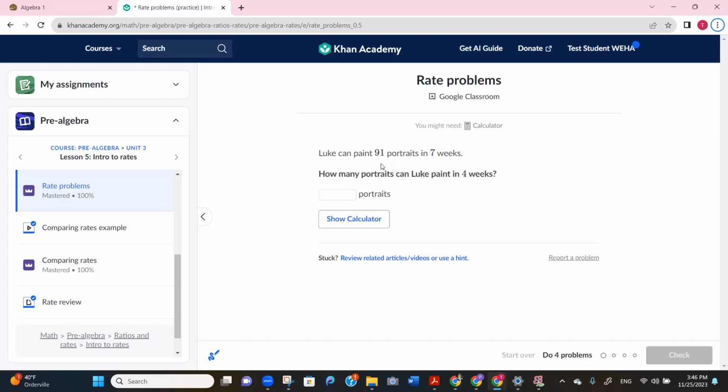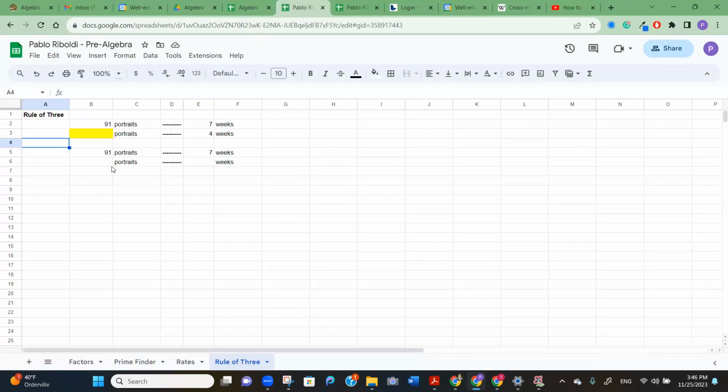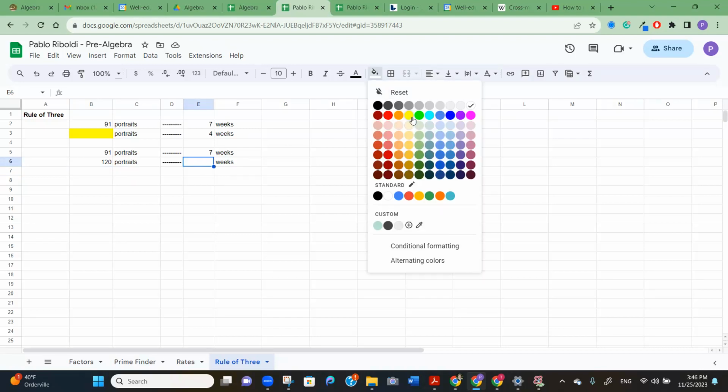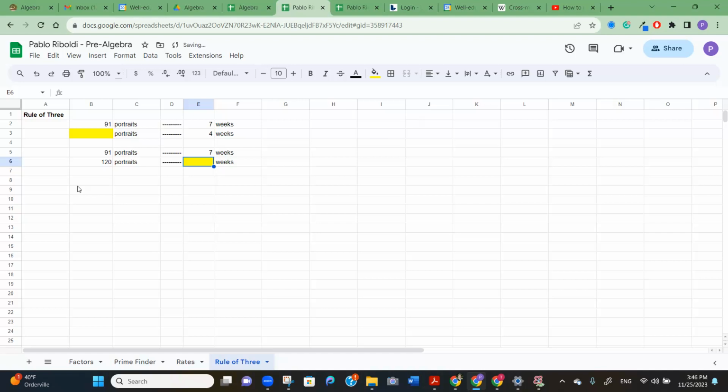Then we have that set up here, where we can say 120 portraits, and figure out the number of weeks. So put the formula here also to indicate the solution to this problem.